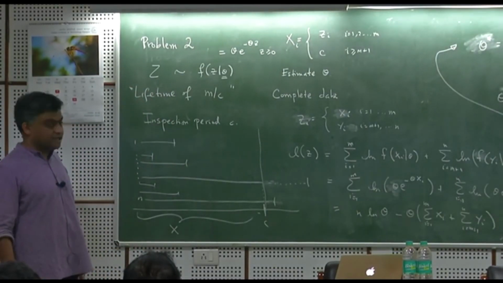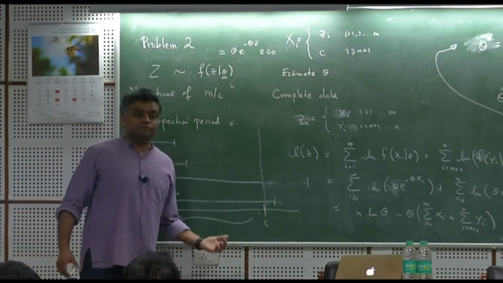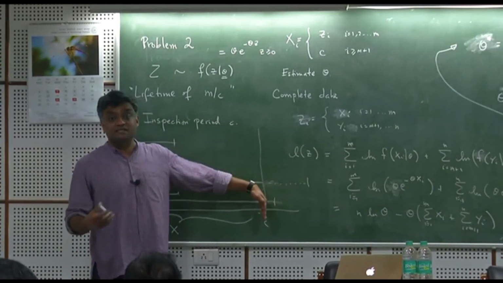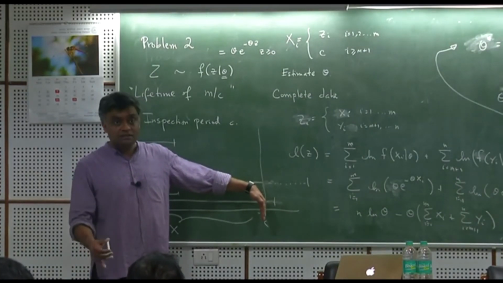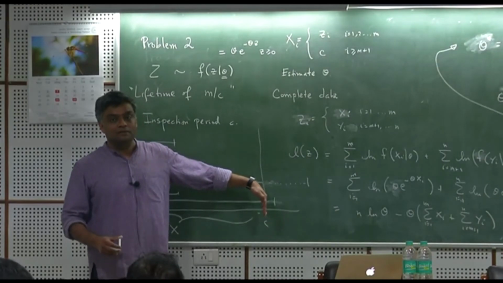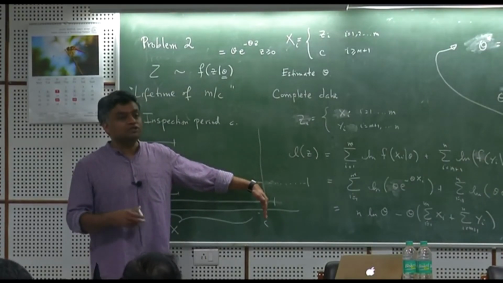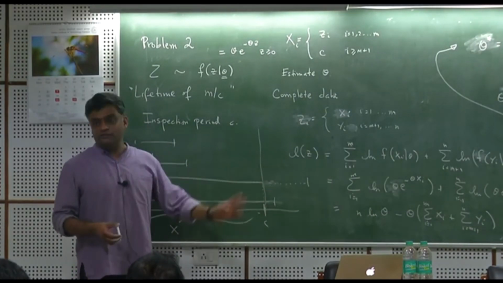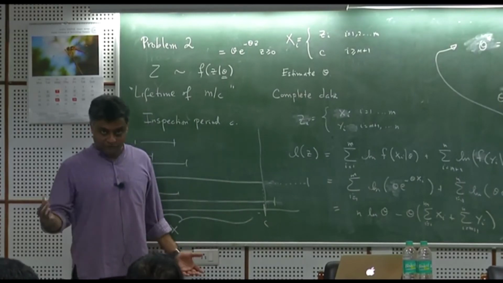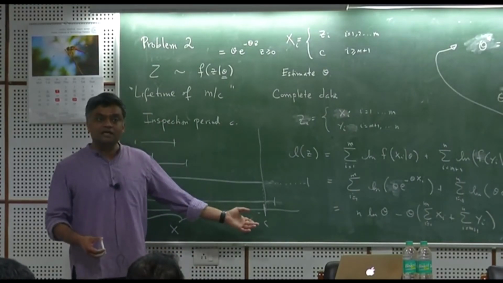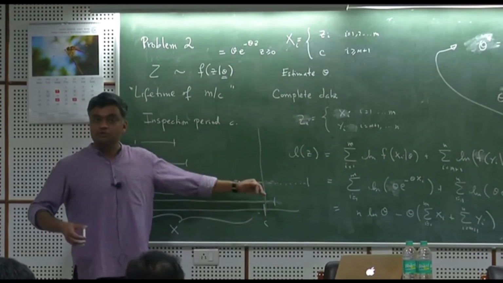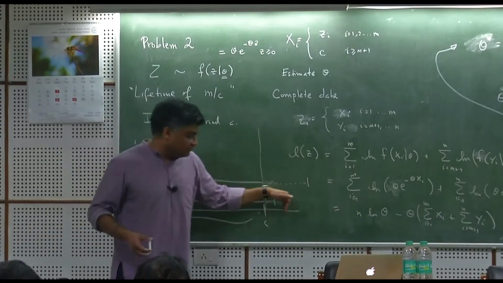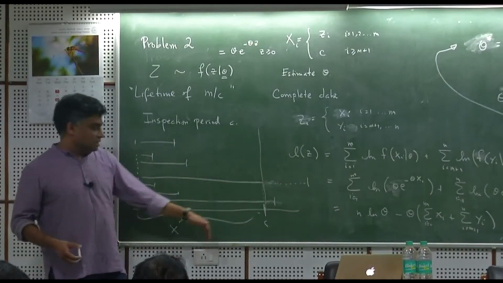The exponential distribution has something called a memoryless property, which means that if I tell you that the exponential random variable was greater than C, then conditioned on this, it's another exponential. The distribution doesn't change. This information that it has survived up to point C gives you no information about the future. This is why you use this idea in a Markov chain. In a continuous time Markov chain, you use this because you don't have any information for the future about when it is going to die. The future and the past are independent.